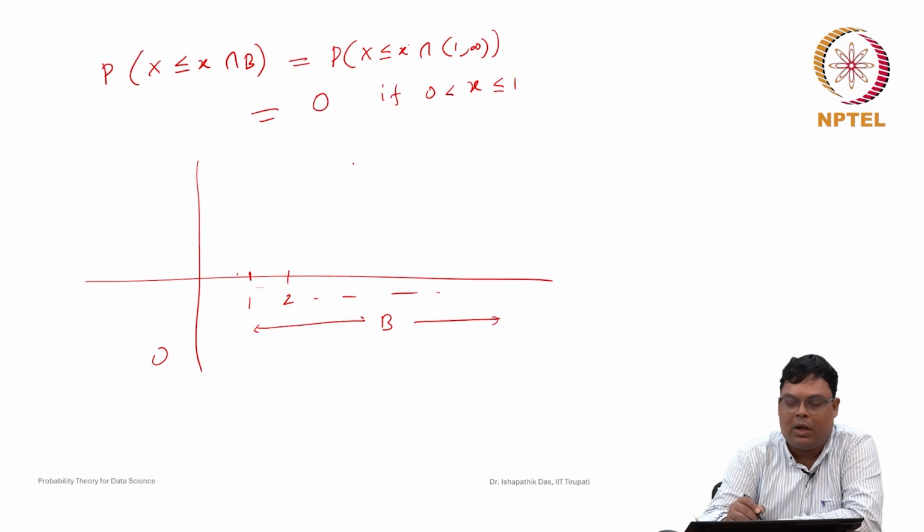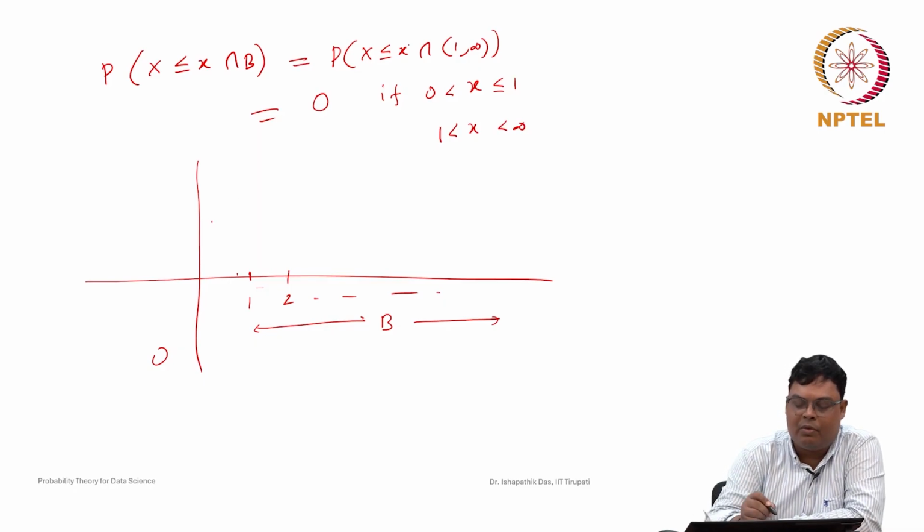Now, what will be the case when x is greater than 1 and less than infinity? Whenever x is greater than 1, we can compute this value. Here x is somewhere greater than 1.